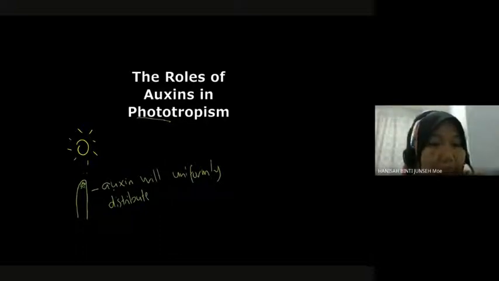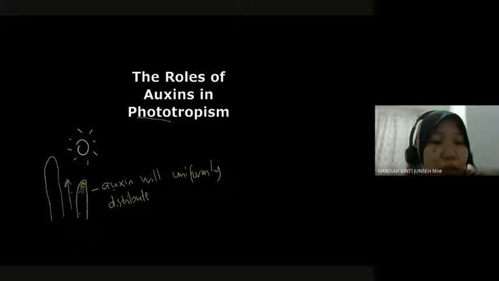Okay? And then when exposed to light from all directions, jadi auxin dia akan distribute uniform. Uniform maksudnya seragam, meaning the whole region of this plant will receive auxin. Semua tempatnya akan ada terima auxin, and then when there's auxin available, it will grow. Okay, it will grow upright.